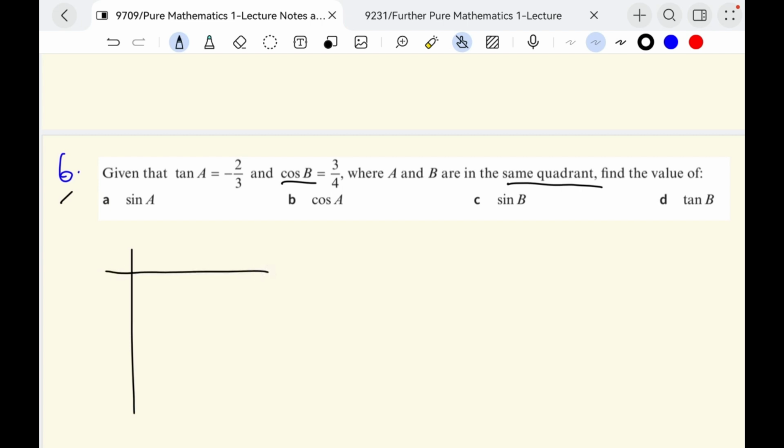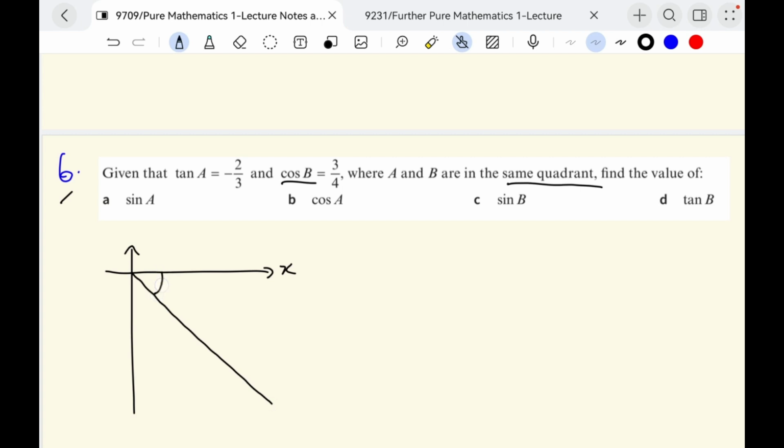So now let's focus on the fourth quadrant. For tangent A, it is negative 2 over 3, which means the y direction is negative. So draw a line downwards.